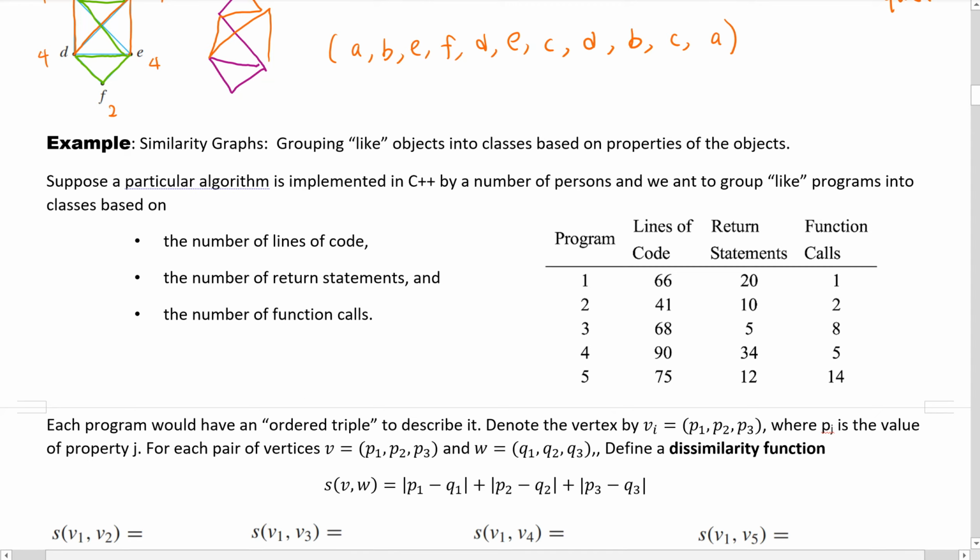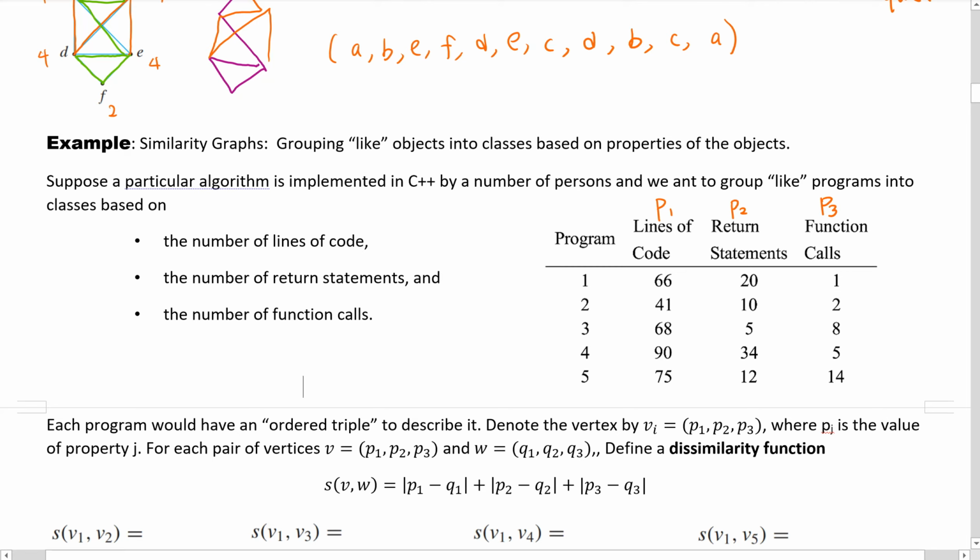Now each program can have an ordered triple to describe it. We can denote the vertex v1 equals the ordered triple p1, p2, p3, where pj is the value of property j.